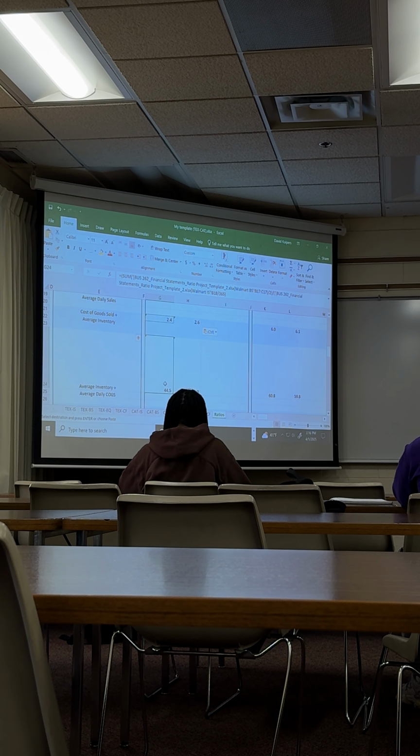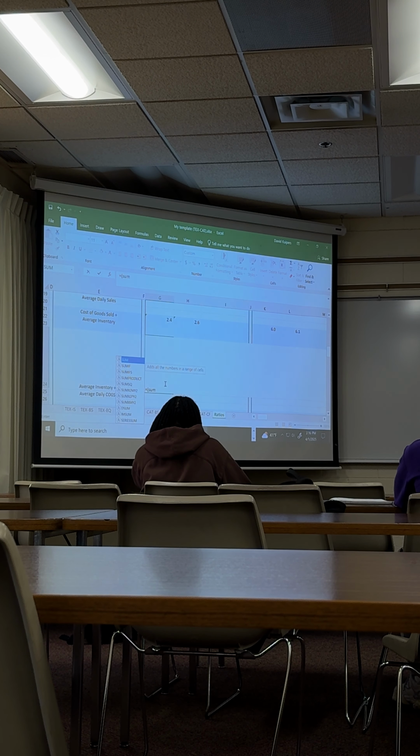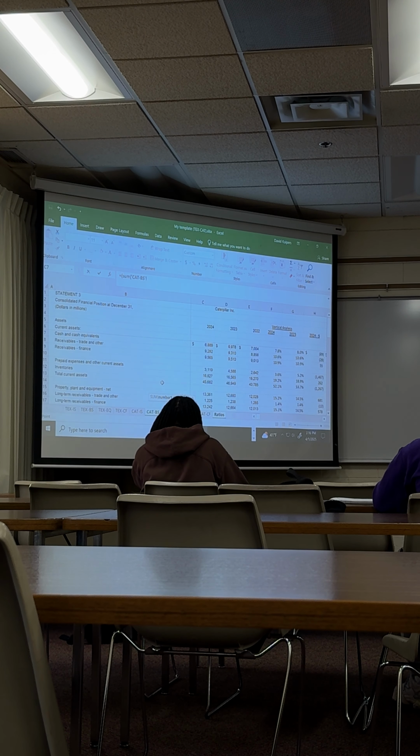Let's do number of days sales in inventory. We're gonna have an average on the top and the bottom, so equals, open a parentheses, type sum, open another parentheses. Go to the balance sheet, the 2 years of inventory, close parentheses, divided by 2, close parentheses.